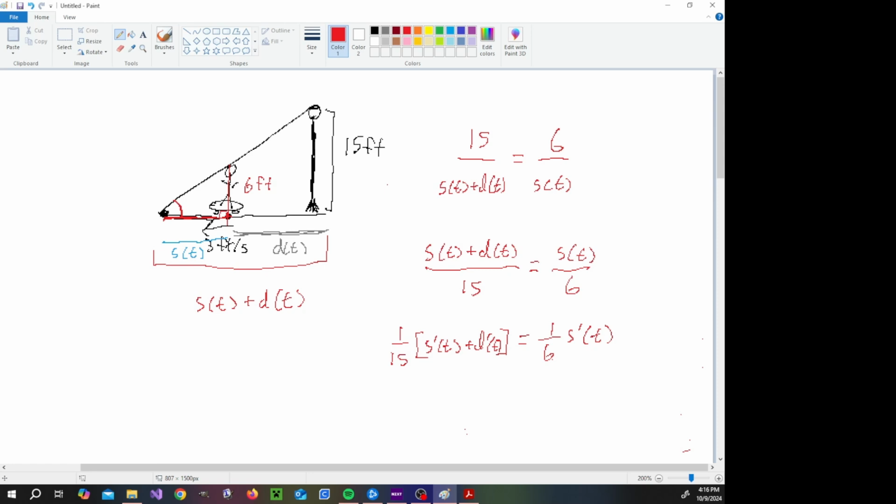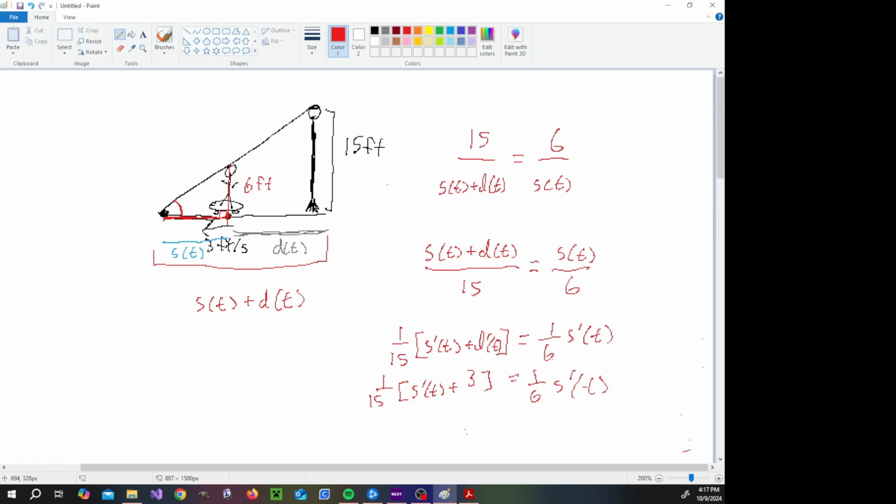However, d prime is given to us in the question. He is moving away from the lamppost at a rate of 3 feet per second, so d prime of t is 3. So we have 1 over 15 times s prime of t plus 3 is equal to 1 over 6 times s prime of t. Now this is just a matter of solving for s prime of t.